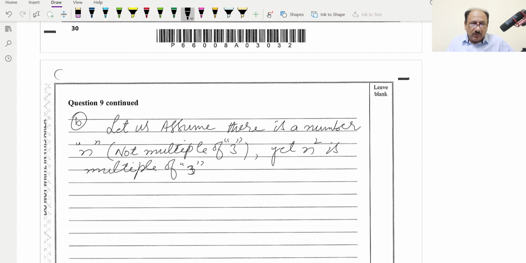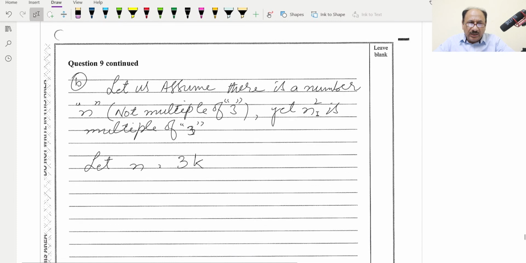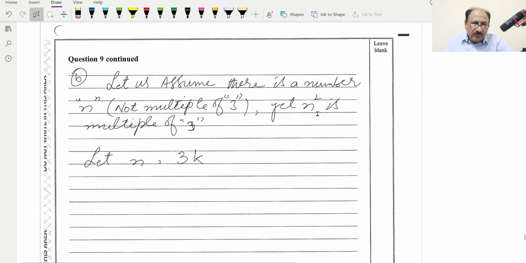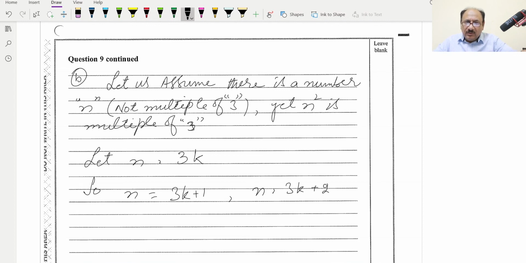So this is our supposition. We have supposed the contrary. Now, n is of the form 3k, which is written over here. So n we can take as 3k plus 1, or n we can take as 3k plus 2, and these would not be multiples of 3.